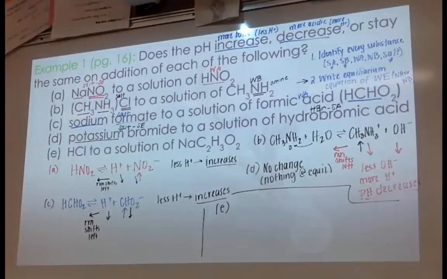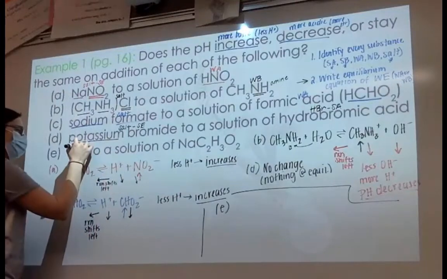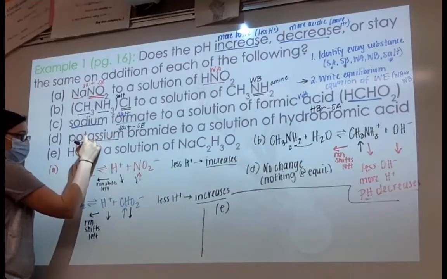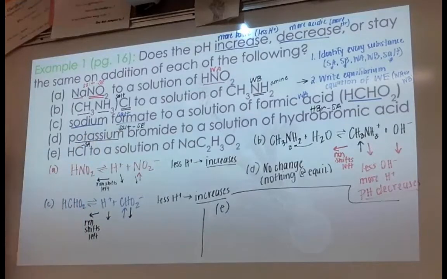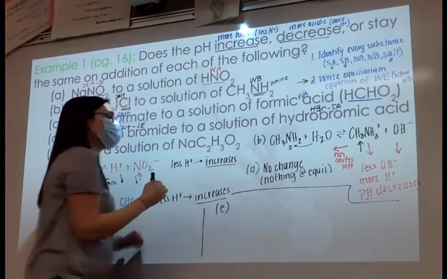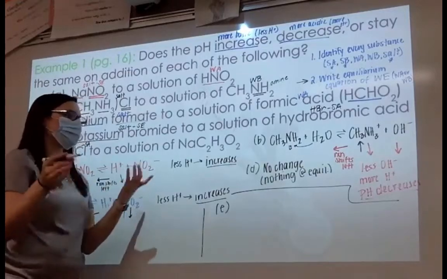HCl is added to a solution of NaC2H3O2. HCl is a strong acid. HCl is one of the 7 strong acids, added to a solution of NaC2H3O2. Now, you look at this right away, you're like, well, this is a salt.